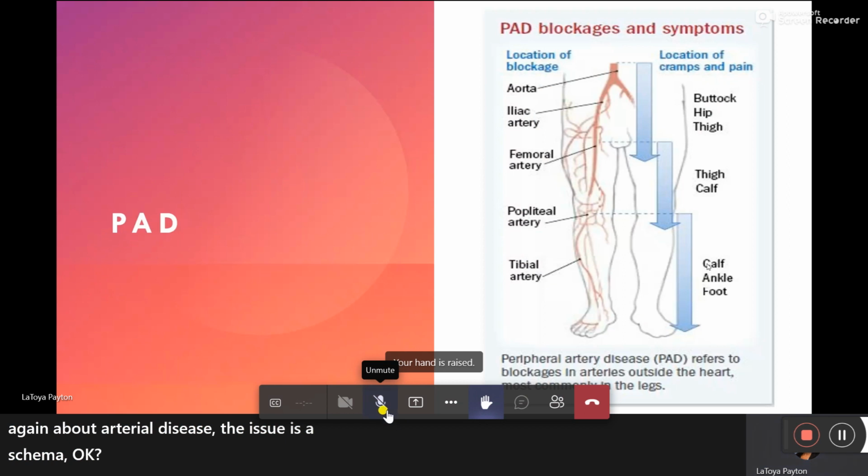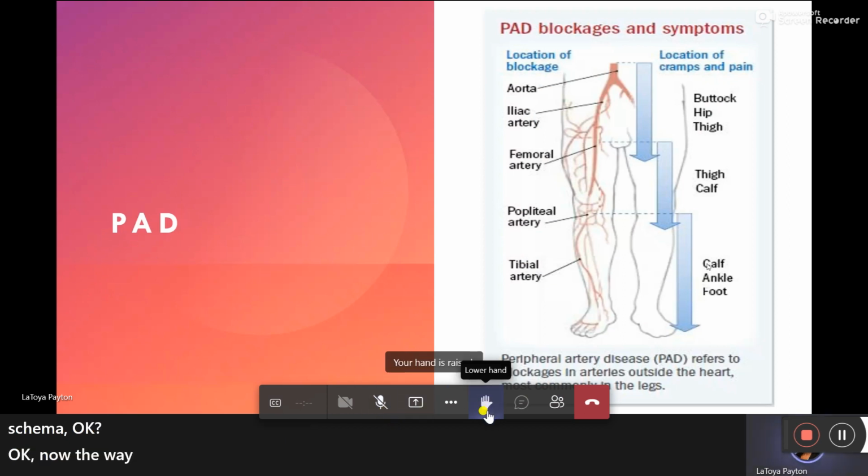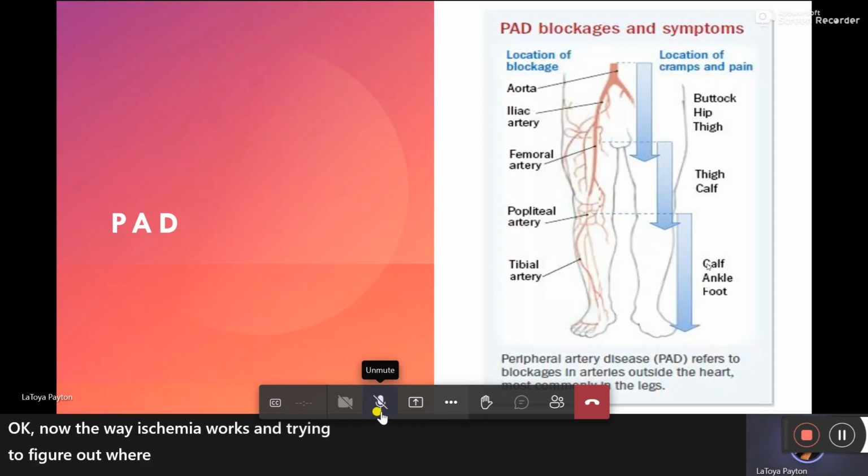Okay, now the way ischemia works and trying to figure out where the culprit is, where is the blockage, we kind of lean into what their symptoms are. Because wherever they're hurting, the blockage is going to be north of that. For instance, if a patient is complaining about cramps in their hips or in their buttock area, then what's above that?